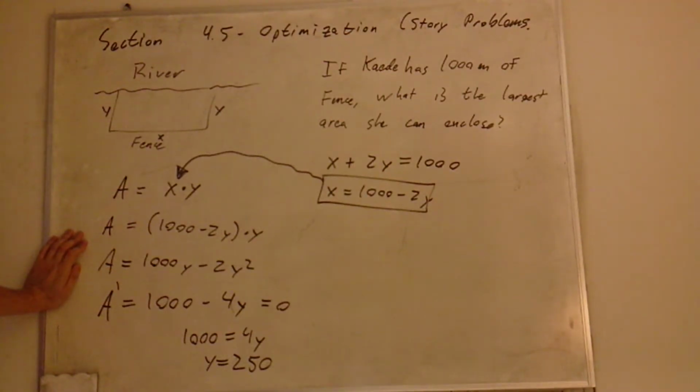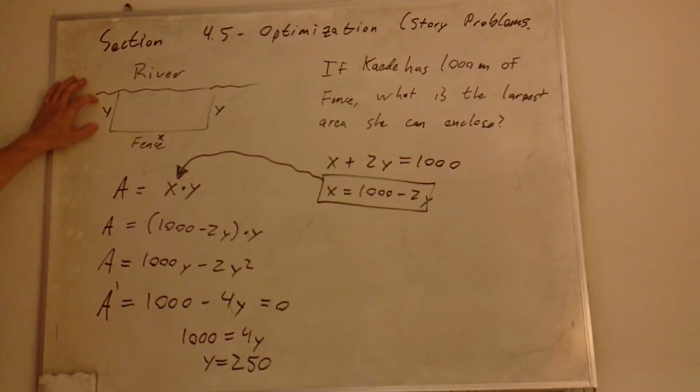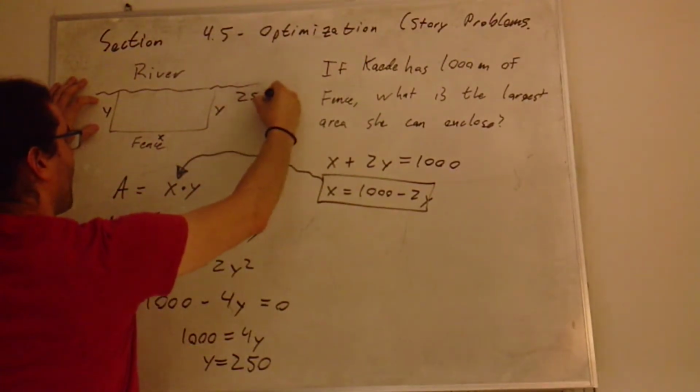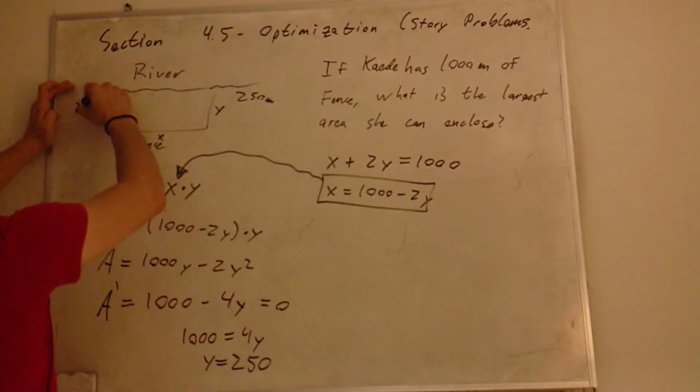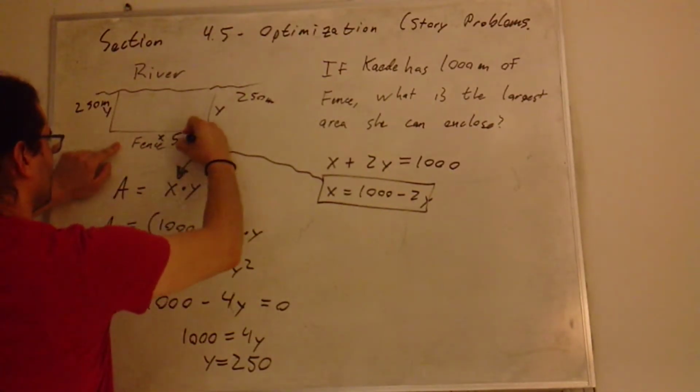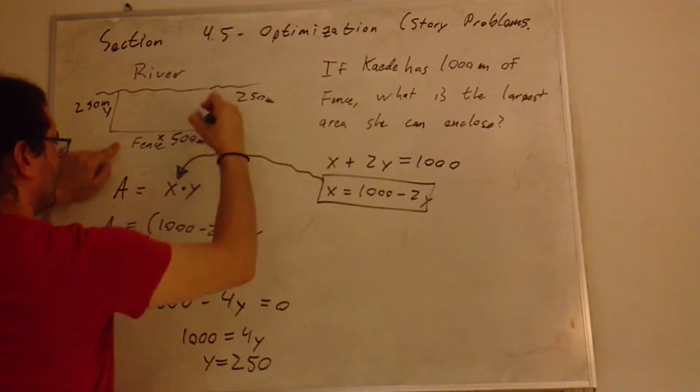Interpreting this back within the context of the problem, this means that y should be 250 meters, which would also mean that this is 250 meters. And then this x distance would be the leftover fence, which is 500 meters.